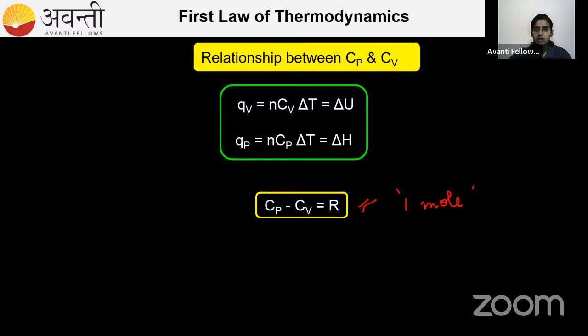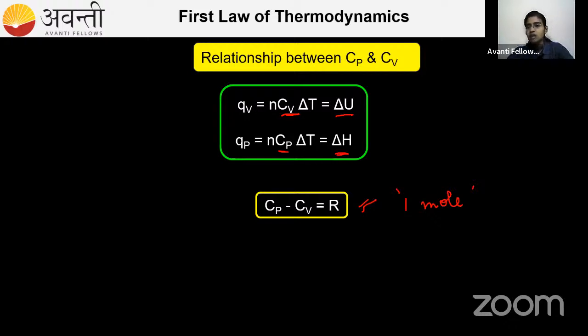And also we have one more relation which relates Cv and delta U, and Cp and delta H. So Qv is equal to n Cv delta T which is equal to delta U, and Qp is n Cp delta T which is equal to delta H. So these are the very important formulas you have to keep in mind while studying the first law of thermodynamics.